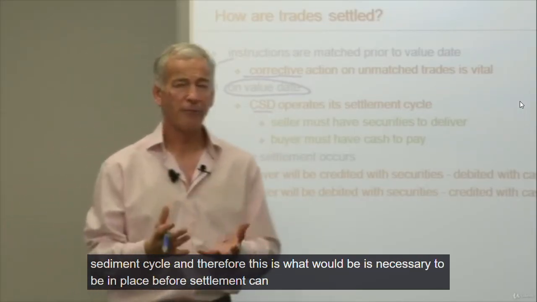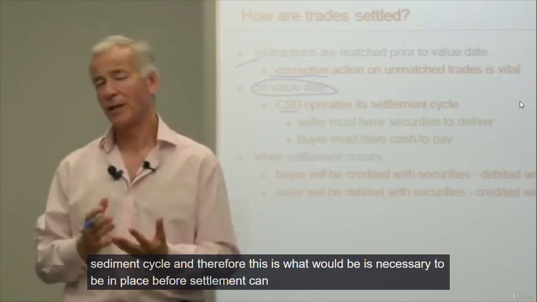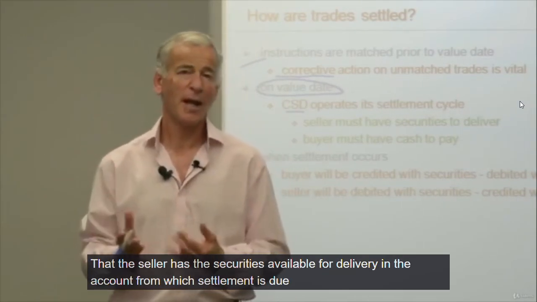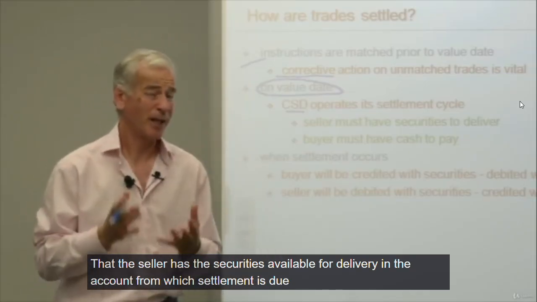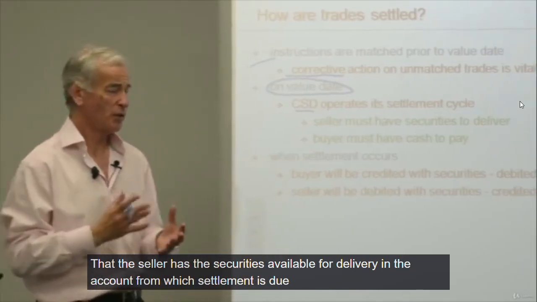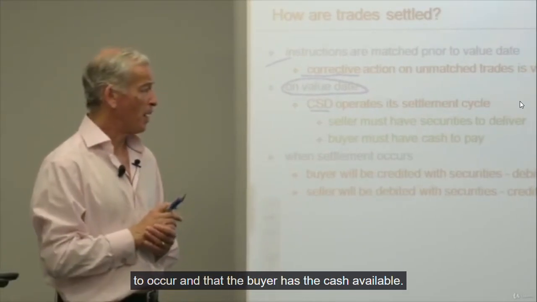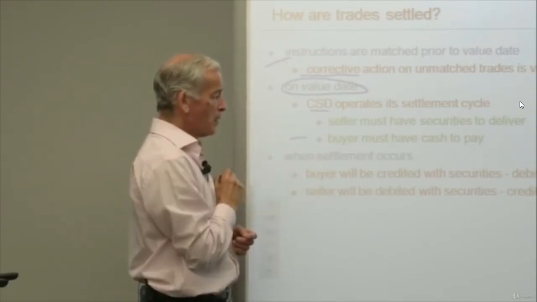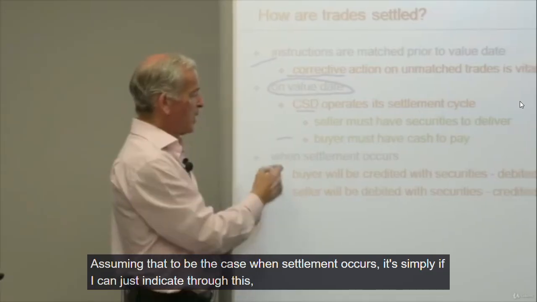What is necessary to be in place before settlement can occur is that the seller has the securities available for delivery in the account from which settlement is due to occur, and that the buyer has the cash available.